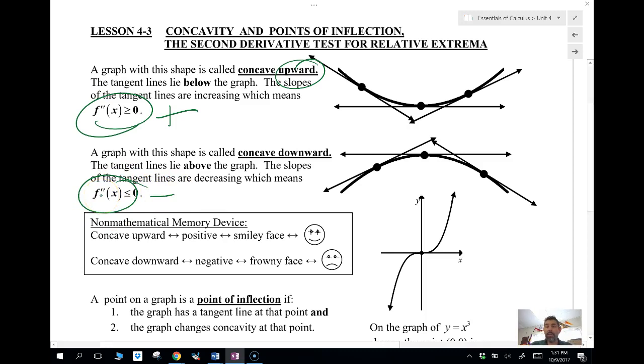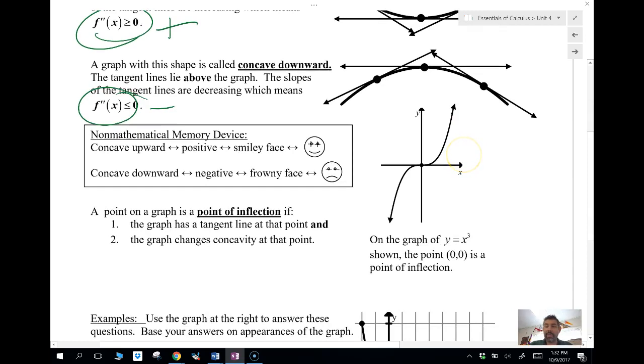So another way to remember what's concave up and concave down in terms of what they look like is smiley face, concave up because I'm feeling up, sad face, concave down because I'm feeling down.